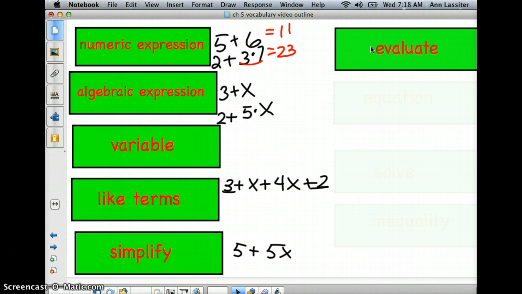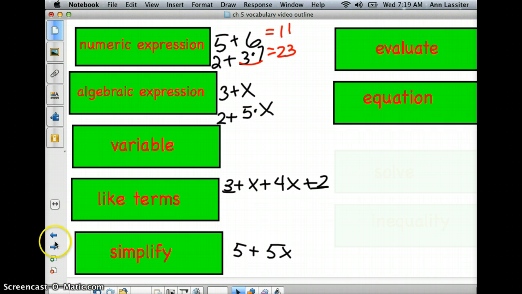Evaluate is what you do with an expression. You can always evaluate and really simplify numeric expressions to equal one number. However, algebraic expressions, you evaluate them by picking a specific value for your variable. An equation is when you take an expression and set it equal to something.